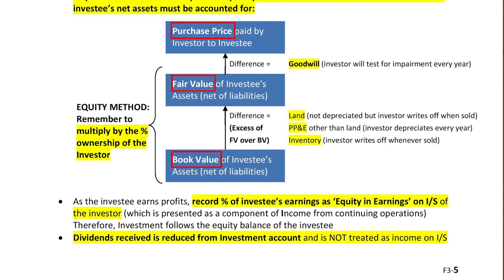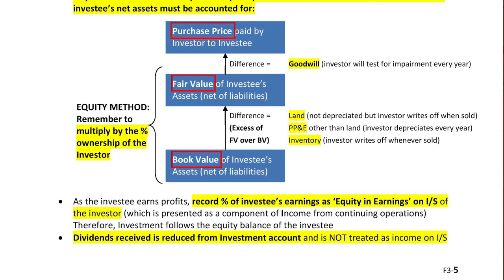So guys, once again, very quickly, recapping this. So equity method, the original investment is recorded at cost. Any difference between the purchase price paid for the investee and the book value of the investee's net assets must be accounted for by the investor.